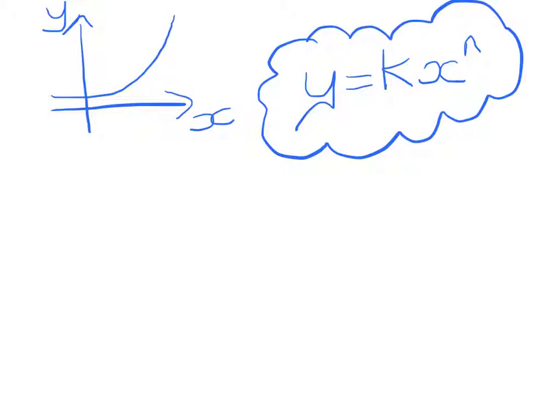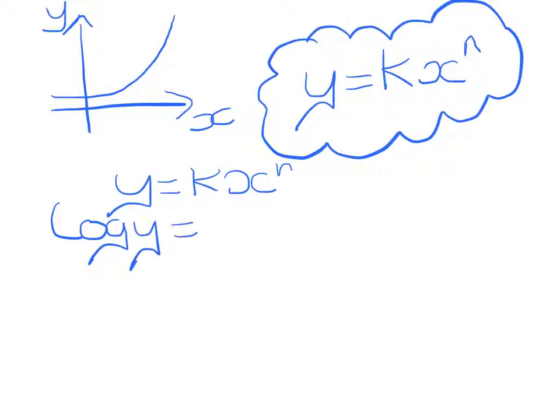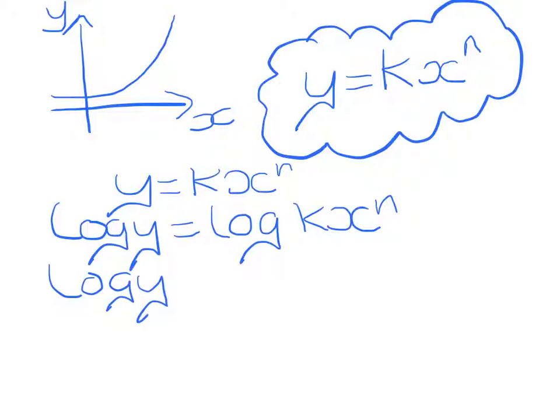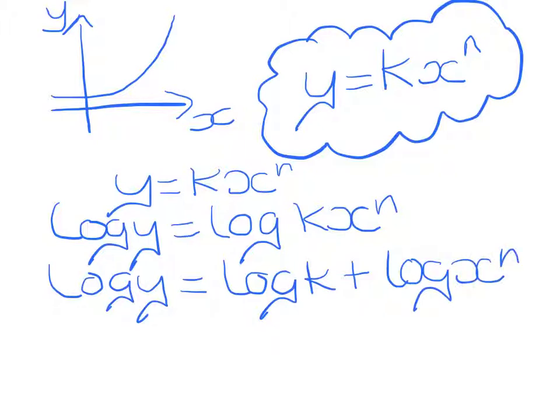So if y equals kx to the power of n, we take logs of both sides. We've got log y equals the log of kx to the power of n. K times x to the power of n, I know, can be the result of a sum of logs. So it's going to be the log of k plus the log of x to the power of n.